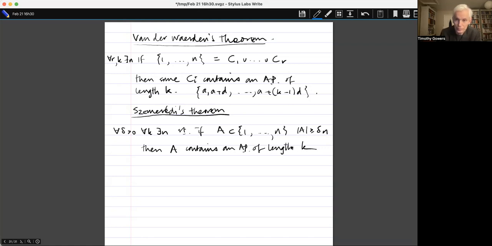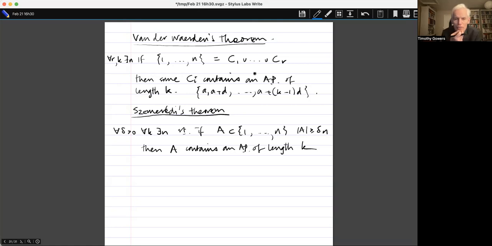So what that rules out, if you follow through van der Waerden's theorem, is that the colour class you pick out might be a rather sparse one. But Szemerédi's theorem says that any colour class that's not tiny, that contains a positive proportion, provided n is sufficiently large, must contain a progression of length k.